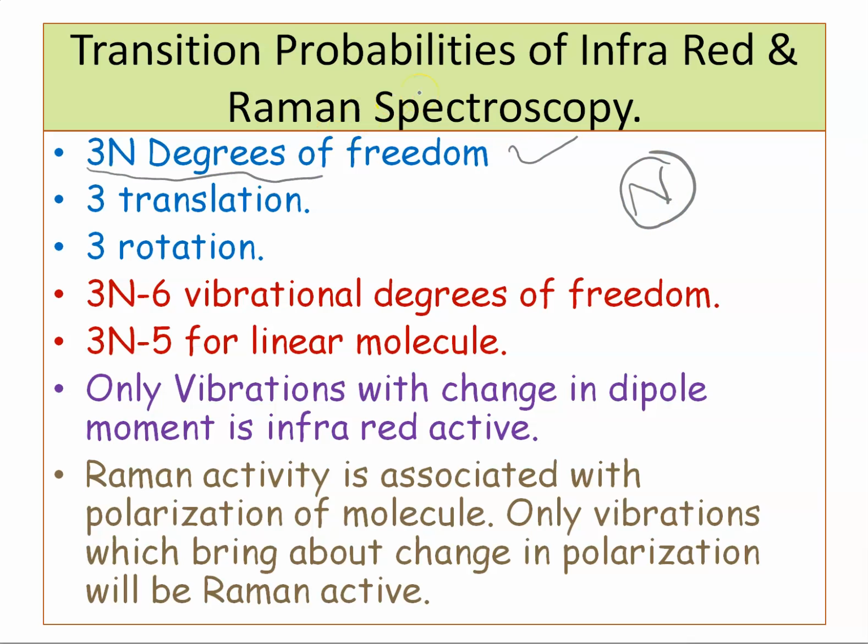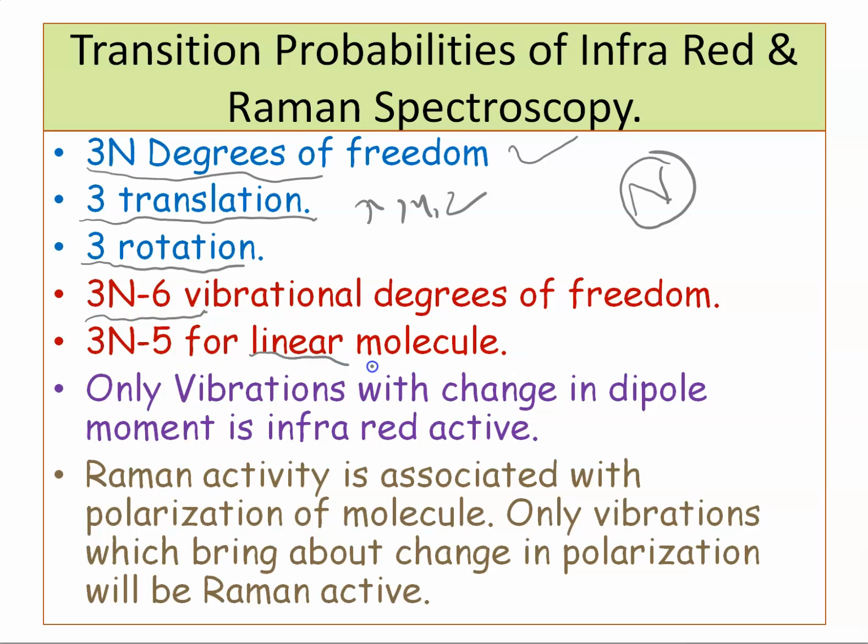Out of these 3n degrees of freedom, 3 are translation, that is, translation of the center of gravity of the molecule in the x, y, z directions. And the other three are rotational motion. Therefore the vibrational degrees of freedom will be 3n minus 6.